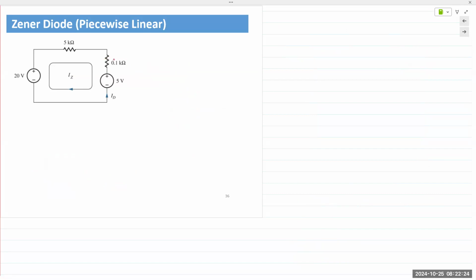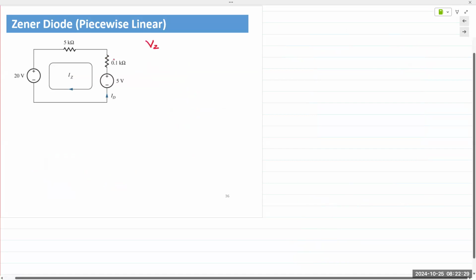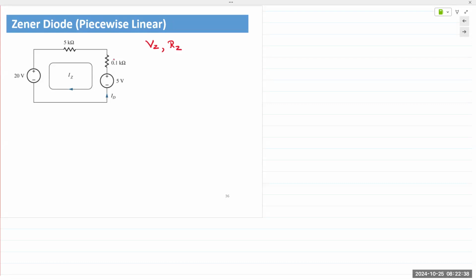So the model requires two things: Zener voltage and Zener resistance RZ. Now, in this case, we are not working with diode voltage VD or diode current ID anymore. We simply refer to VZ and IZ, and we'll work off that.